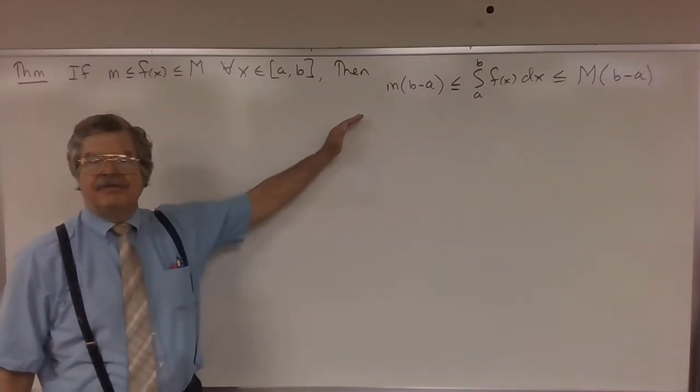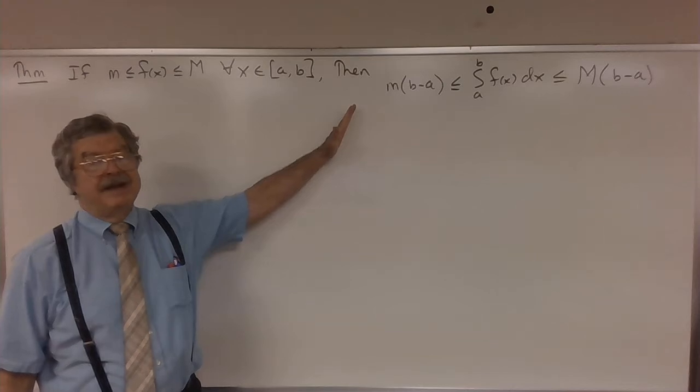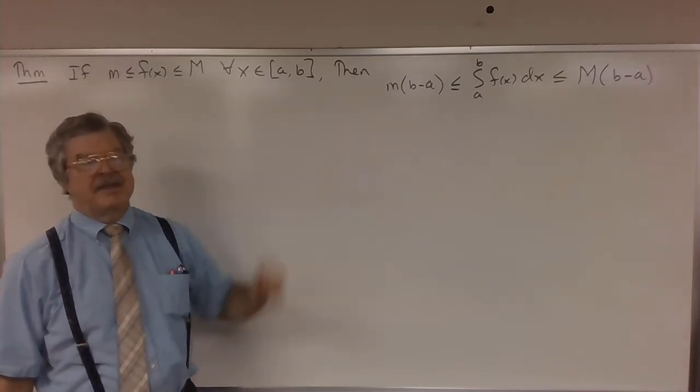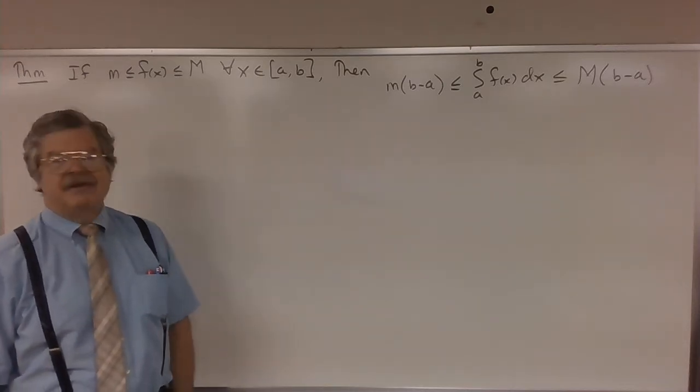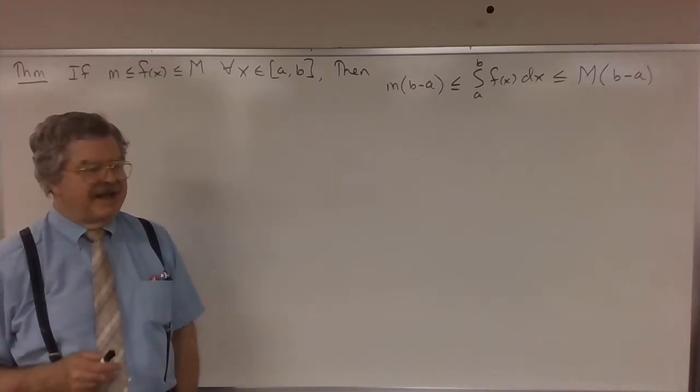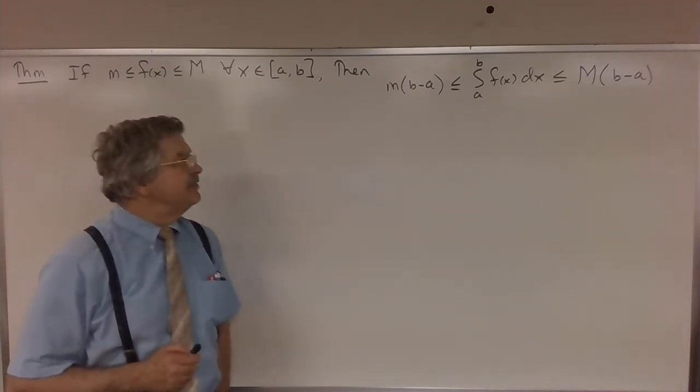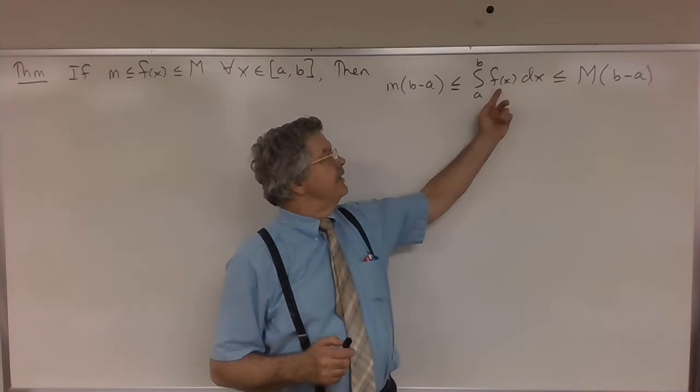Now, of course, the assumption here is that f is integrable. I haven't stated that as a hypothesis, but of course that has to be part of the hypothesis. Otherwise, this thing doesn't exist.